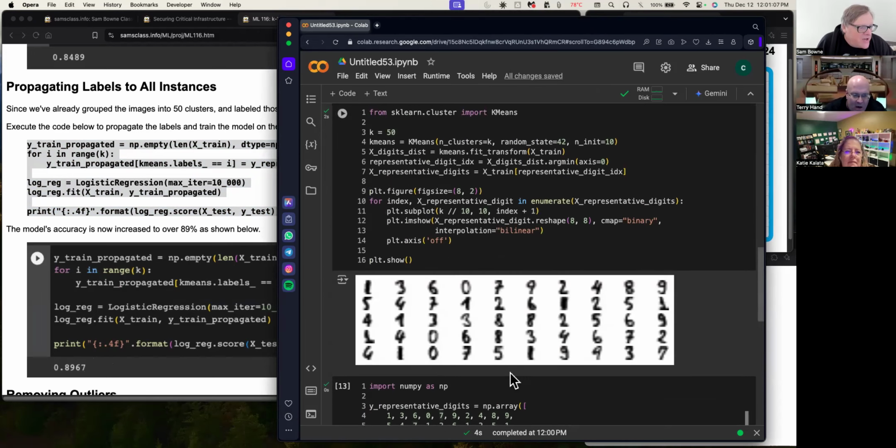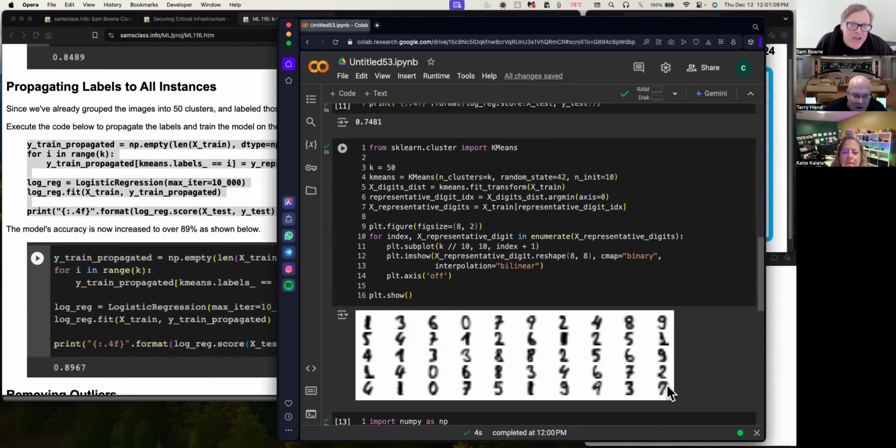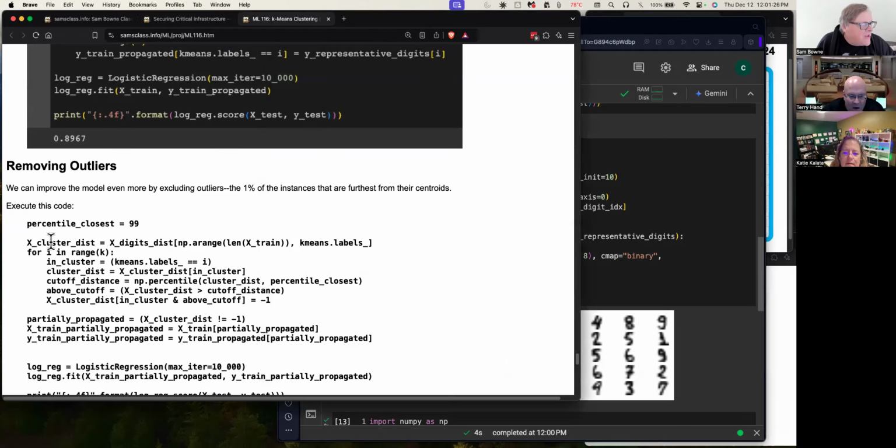Now, what happened here is I found that this is the archetypical 7, so anything close to this, I'll call a 7. But remember, there might be something that is more like a 1, and it's on the very border between 1 and 7. So I don't really know if it's a 1 or a 7, and I would rather not label it at all. So now I'm going to remove the outliers.